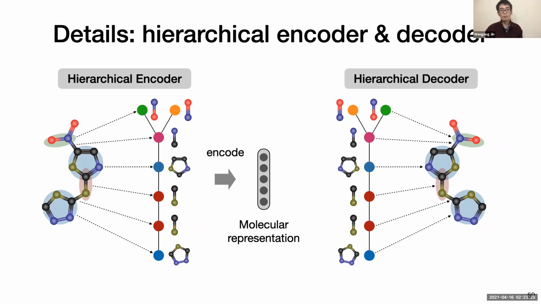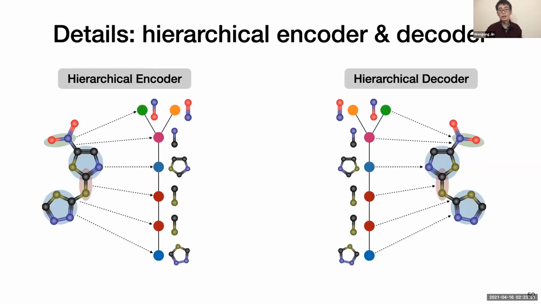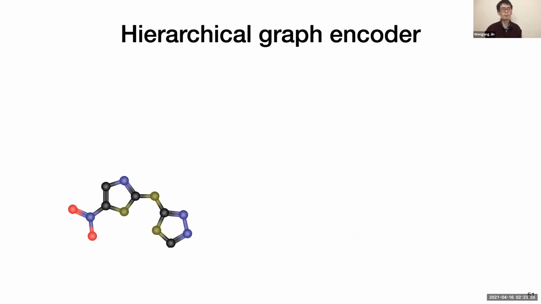I embed both the molecule and the junction tree into a low-dimensional vector, and then I can decode them back to the molecule. But I will first decode the junction tree and then decode the molecule. This is advantageous because trees are much easier to generate. Let me explain why this is the case.